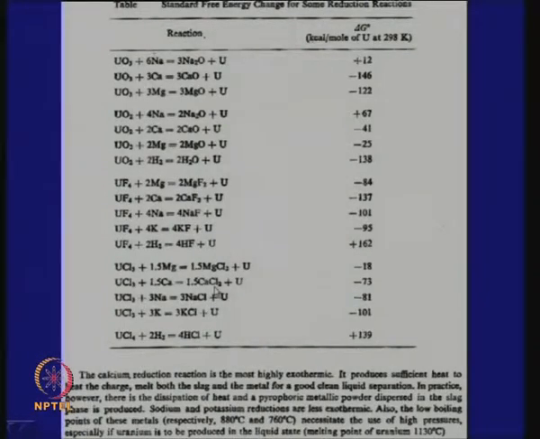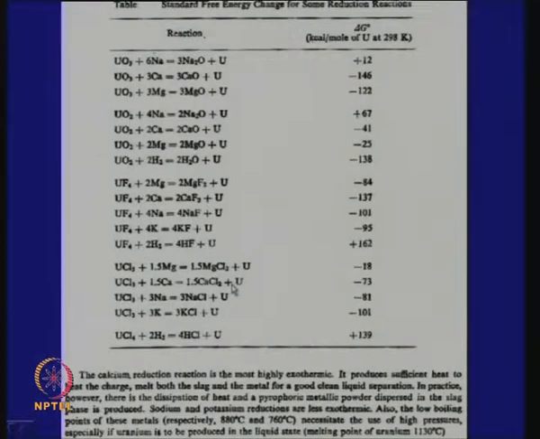You have produced calcium chloride, which is in the liquid slag, and uranium. Uranium is not going to be liquid, the melting point is very high. It will not be in consolidated form, there will be powders dispersed in the calcium chloride phase, which is not a very happy situation, but there is nothing you can do about it. And this metallic powder is, mind you, pyrophoric. So long as it is dispersed in the slag, it is okay, but it can very easily react with the atmosphere.